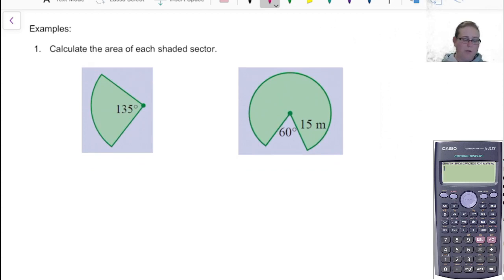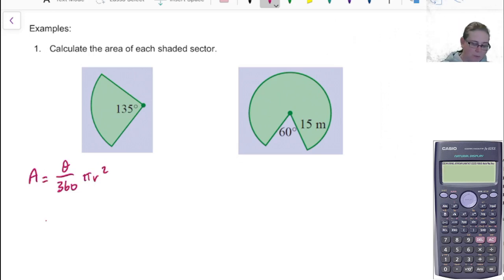So our first one, we need that area of a sector. So we want A equals theta over 360 pi r squared. So remembering that that theta represents that angle inside of what we're looking at.